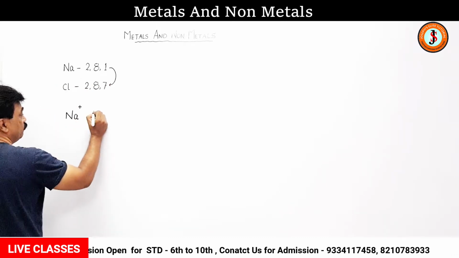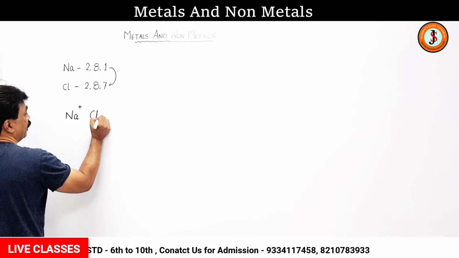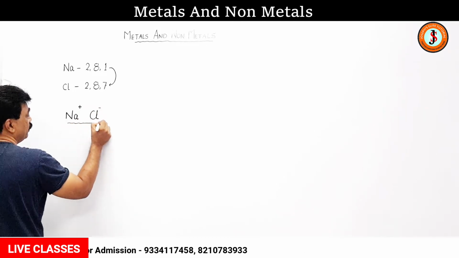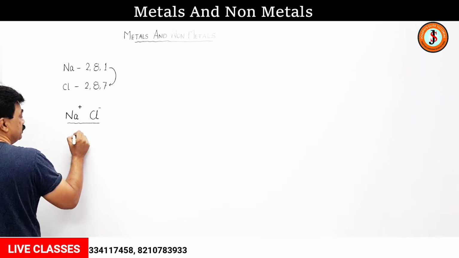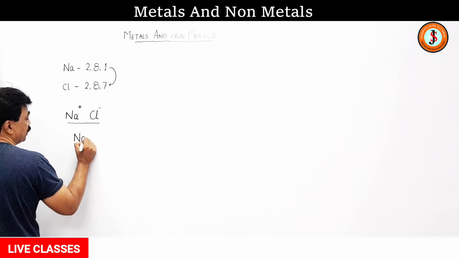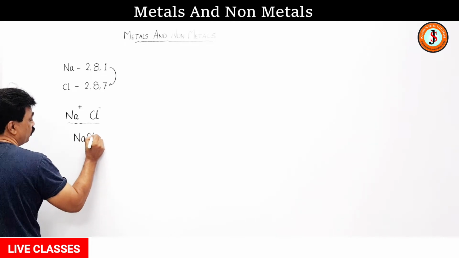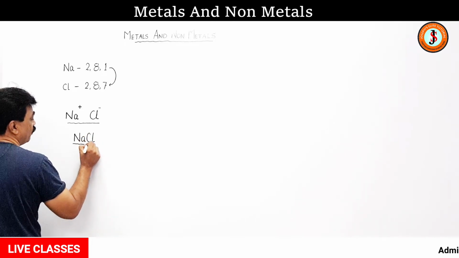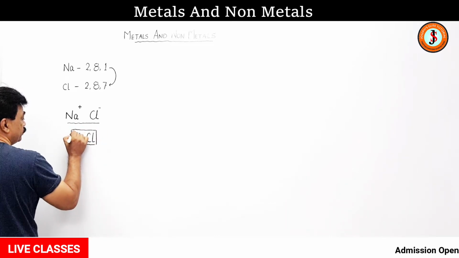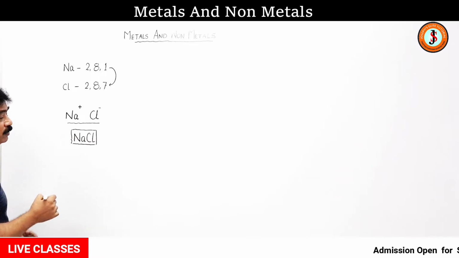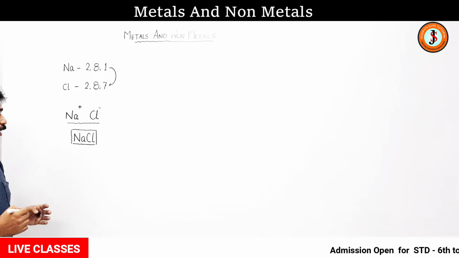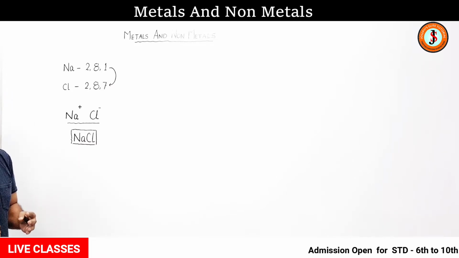That means chlorine will now have a negative charge and the bond formation takes place. This type of bonding between sodium and chlorine is an electrovalent bond or an ionic bond, which we have studied in the bonding chapter. We do not write the ionic form when we write the formula of sodium chloride. So a reaction with bond formation between a metal and a non-metal results in ionic bonding.